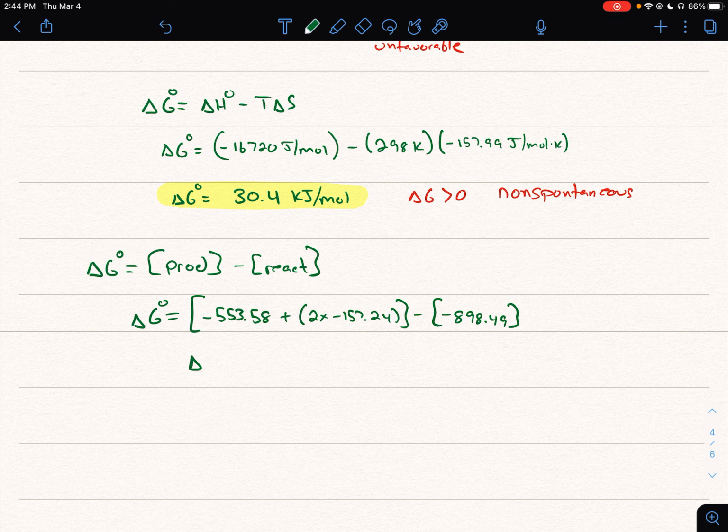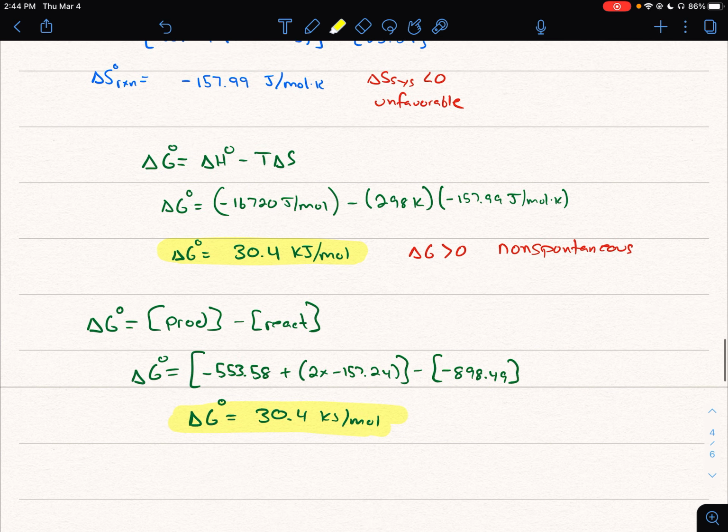And when we go ahead and do this out, you can confirm this on your calculator. You get positive 30.4 kilojoules per mole. And so again, what we see is we're going to get the same answer.